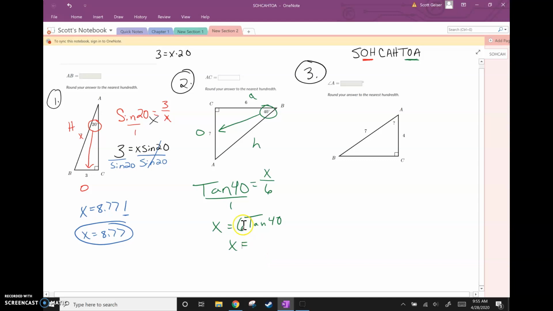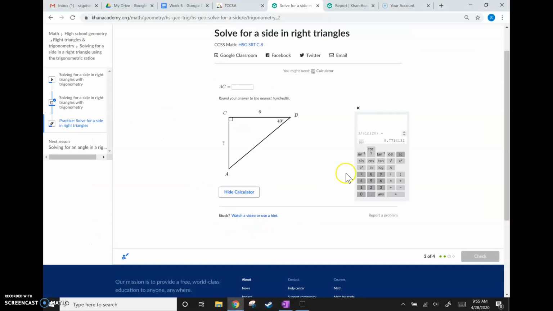going back to my calculator, 6 tangent 40, so if I go back to this, 6 tangent of 40, make sure you close the parenthesis. Well, let's go back. Maybe I have to hit the multiplication. 6 times tangent 40.